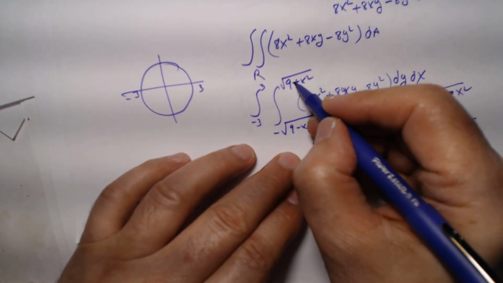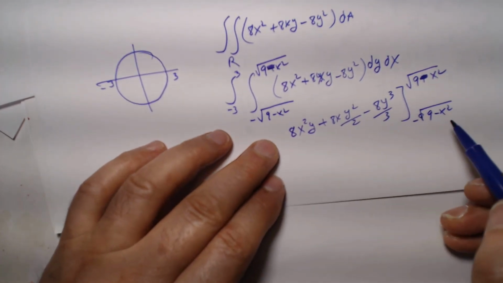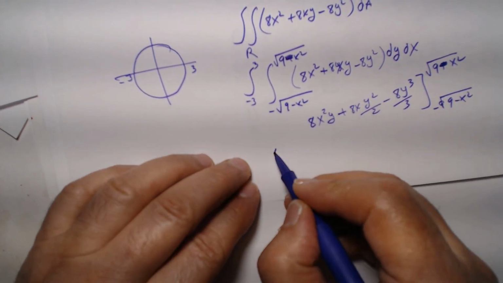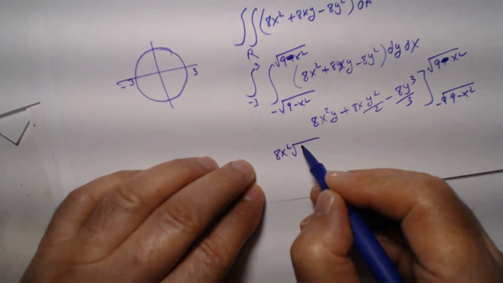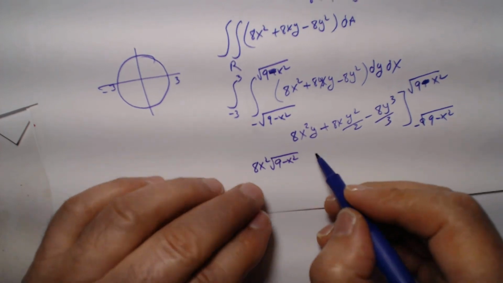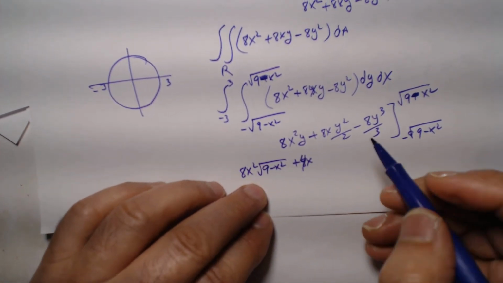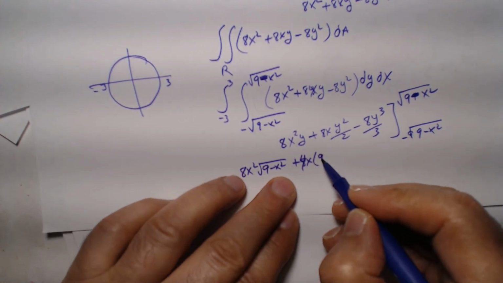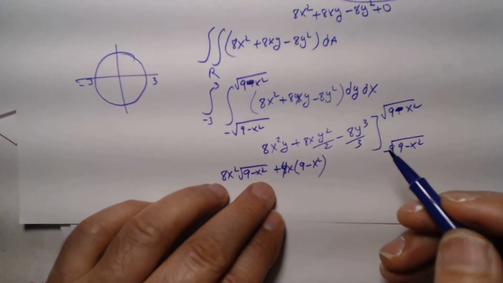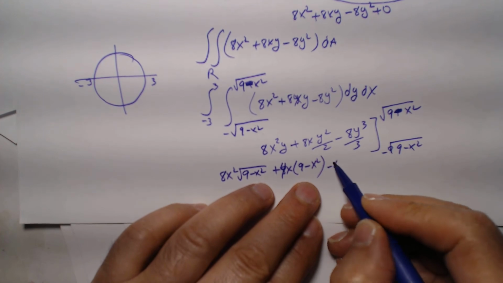Here I put a plus, that should be a negative. You can plug it in and that becomes 8x squared times the square root of 9 minus x squared, plus 8 over 2 is 4x, y squared becomes 9 minus x squared, and that's the 8/3.